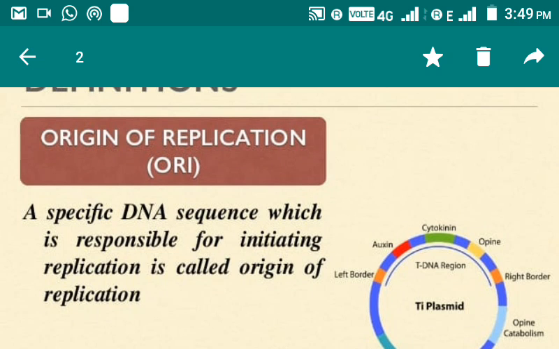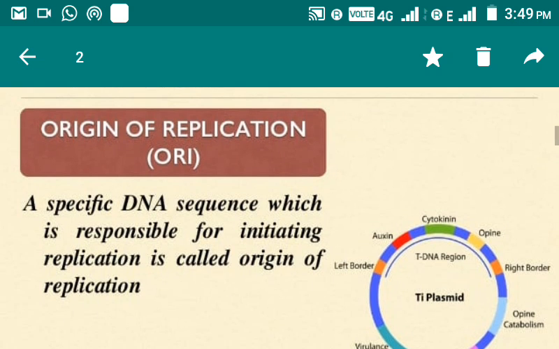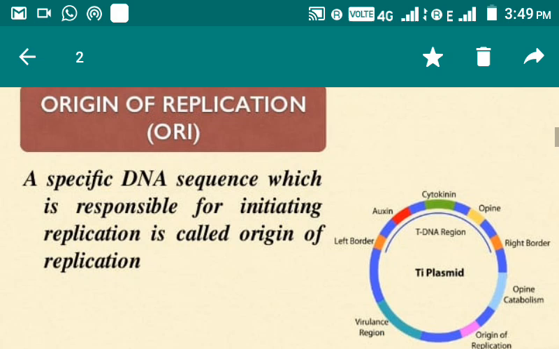Another important thing is the origin of replication. As you have already studied replication, I expect that it has been explained. You might be knowing about ORI, that is the specific region of DNA from where replication starts.